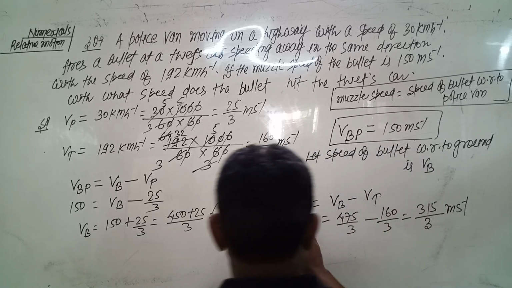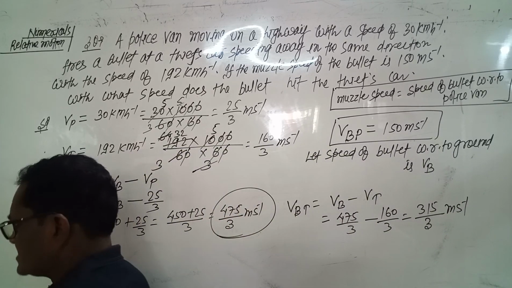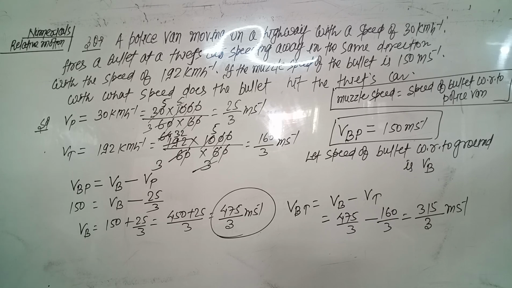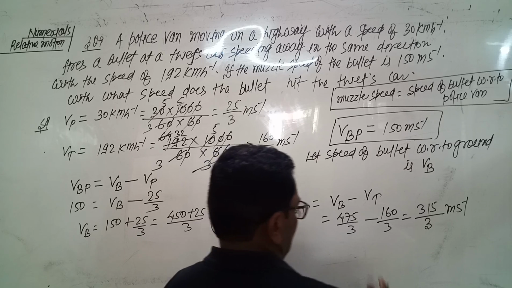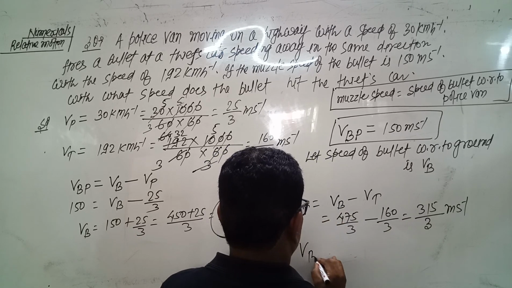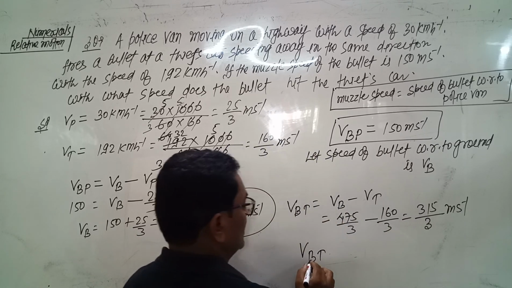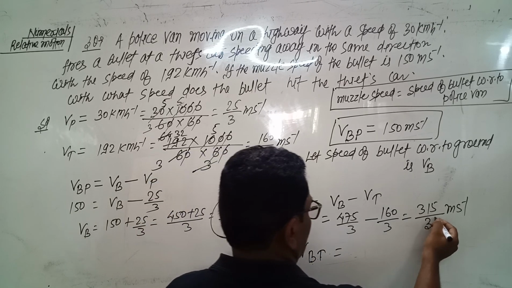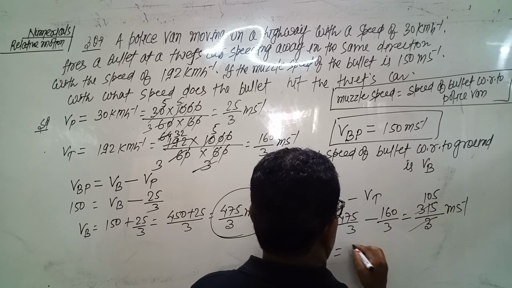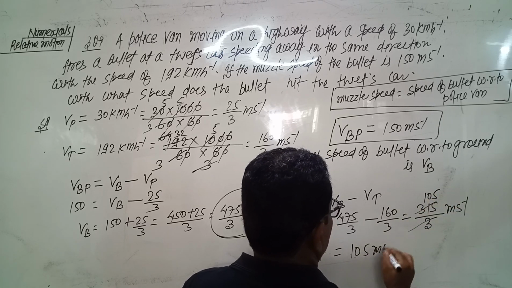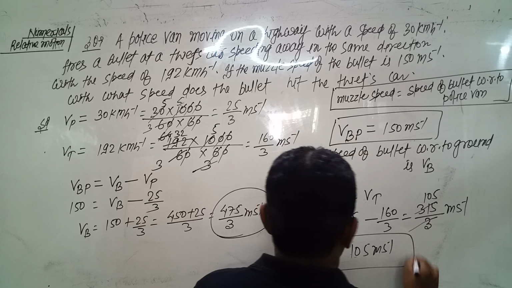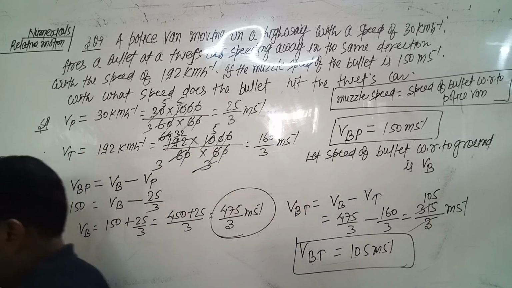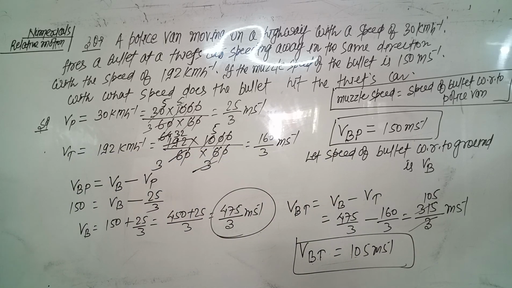So this is the relative speed of bullet with respect to thief car, the speed with which the bullet hits the thief's car, VBT, and this we get 105 meter per second. So the bullet hits the thief's car with a speed of 105 meter per second.